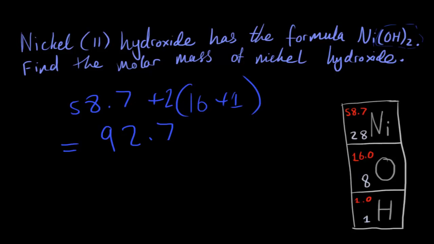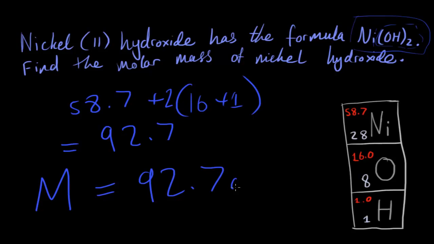As I said before, all we need to do now is add the units, because this is the relative formula mass of this whole molecule. So M, molar mass, equals 92.7 grams per mole.